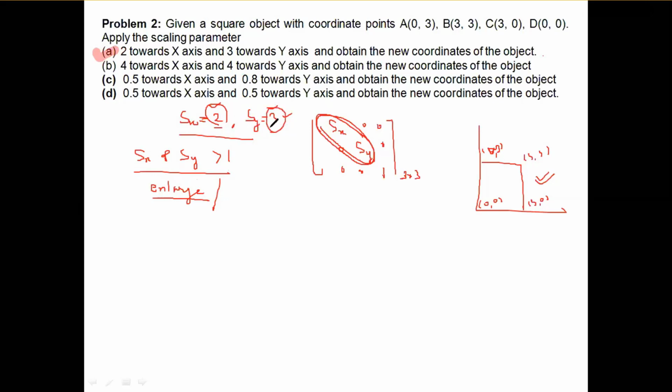So this scaling will be differential scaling. Let's solve it and see where our object will be placed with new coordinates after scaling. The rest of the parts I hope you will be able to do once we are completed with part a.